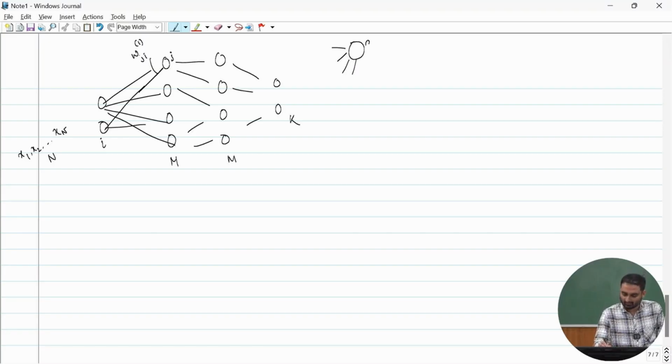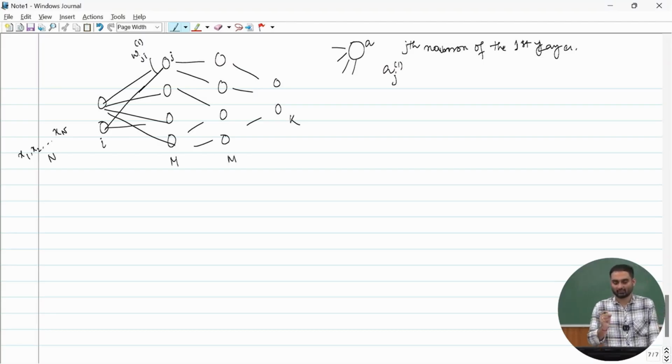So aggregation operation is denoted by A. Let's say at the jth neuron of the first layer, AJ1, so AJ is the aggregation for that neuron.